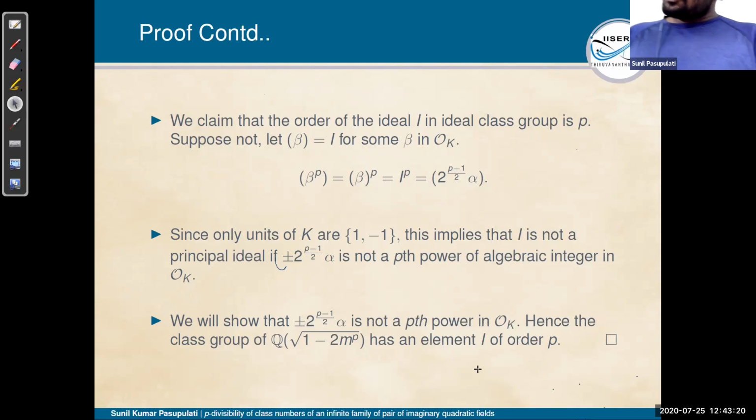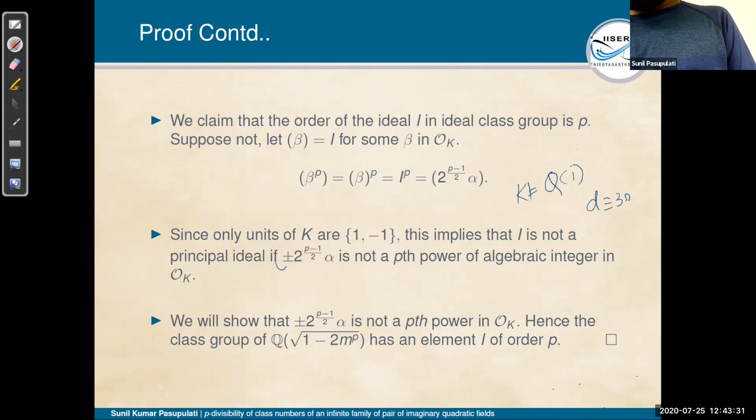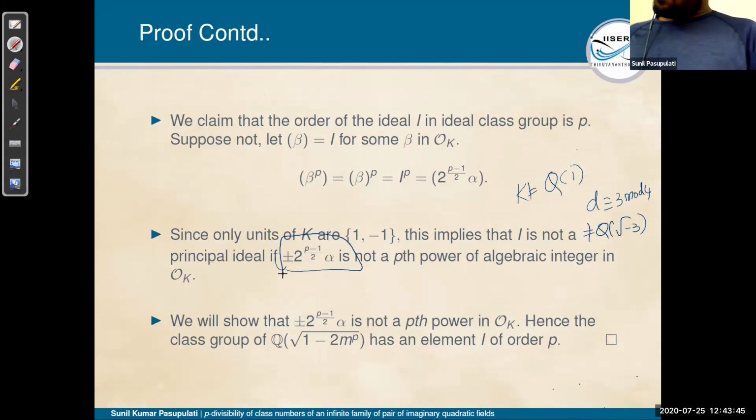Since I was already assumed, K is not equal to Q(i), and also since D is congruent to 3 mod 4, it also can't be equal to Q adjoin square root of minus 3. So the only roots of unity in K are 1 and minus 1. So this implies I is not a principal ideal if this is not a p-th power.